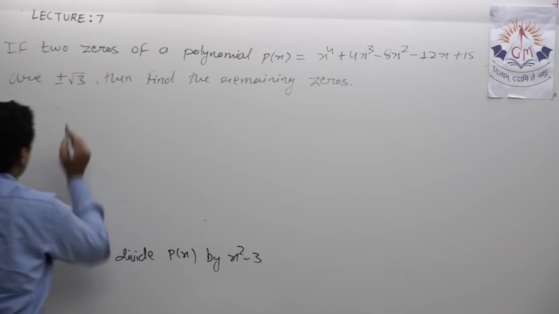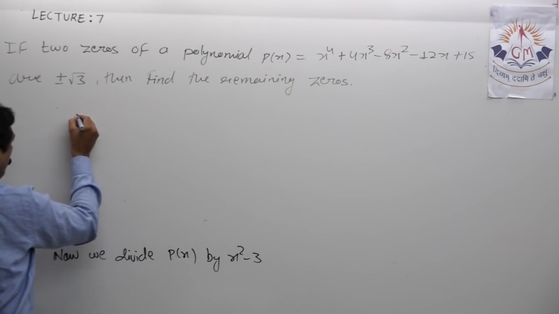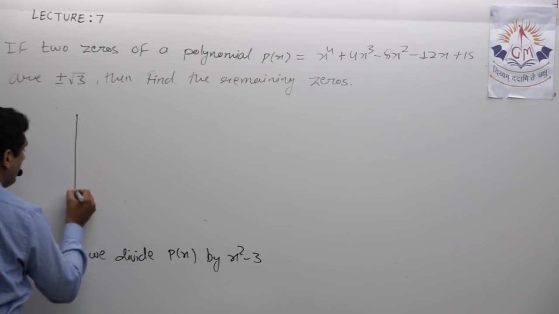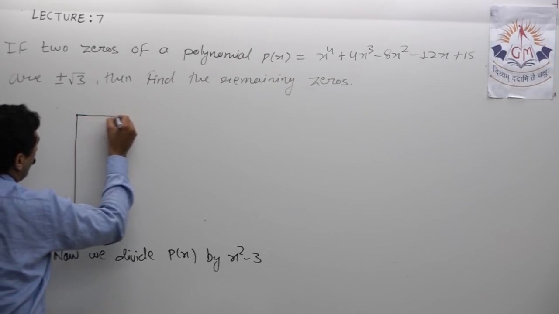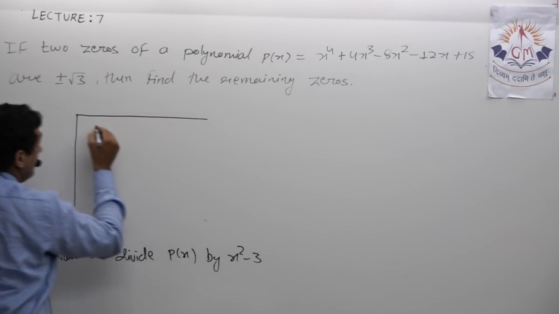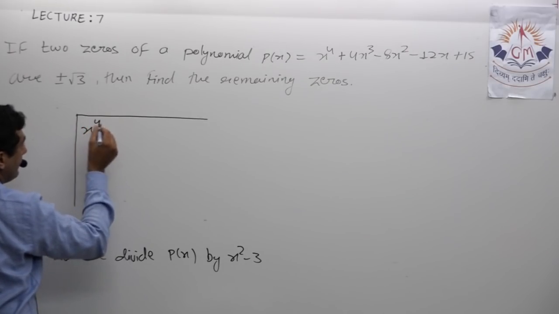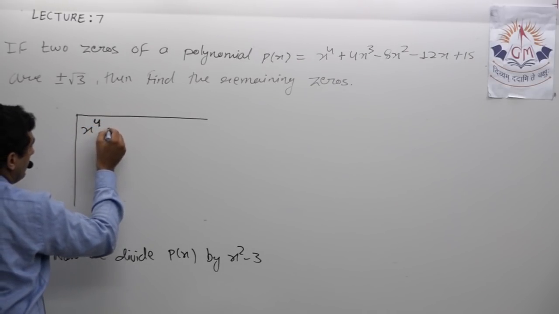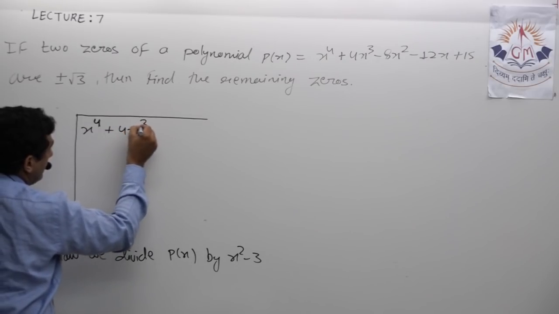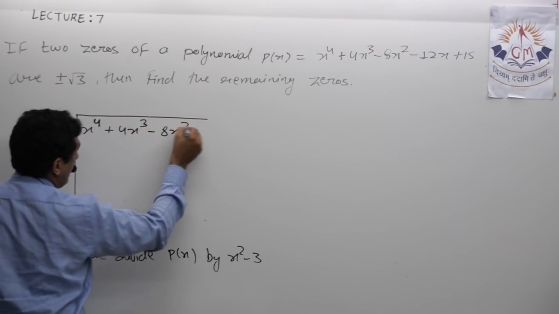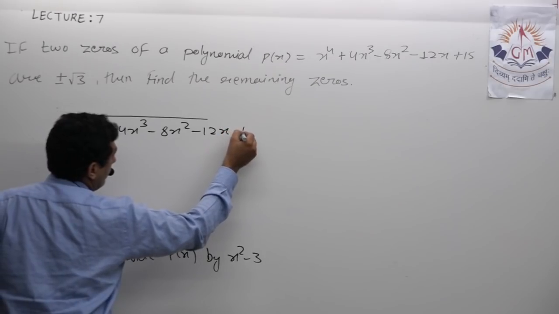So we'll divide. For that we write the divisor and the dividend polynomial at their respective positions. That also should be in the standard form. So here dividend in the standard form. Yes, it is in the standard form.